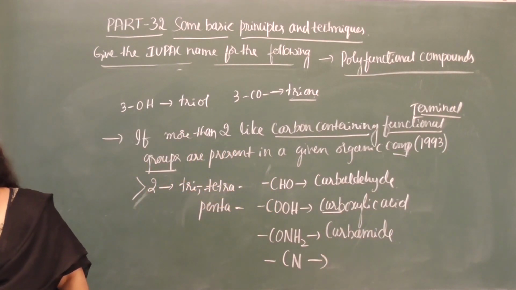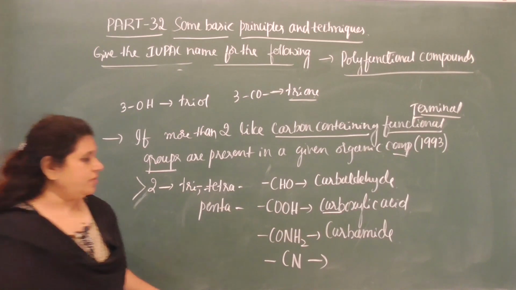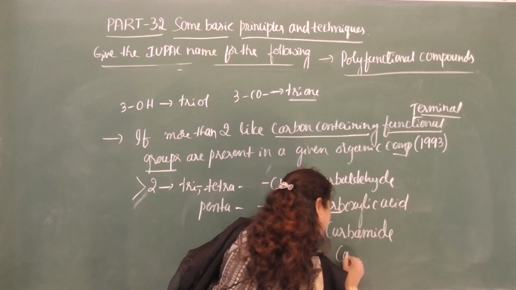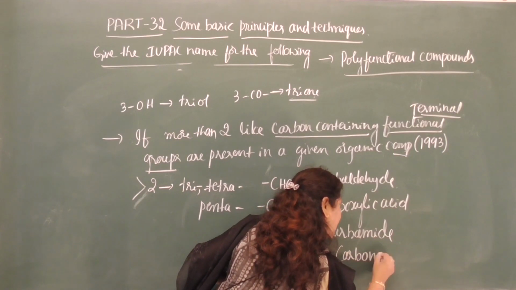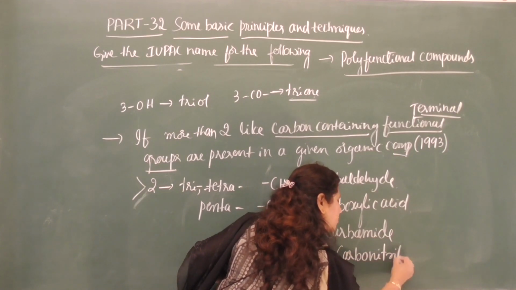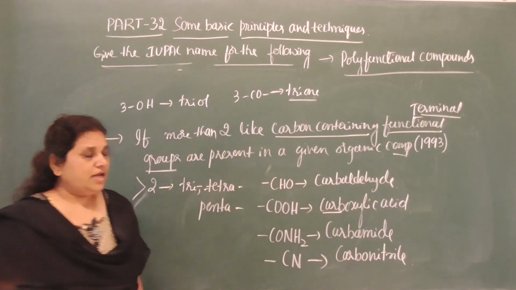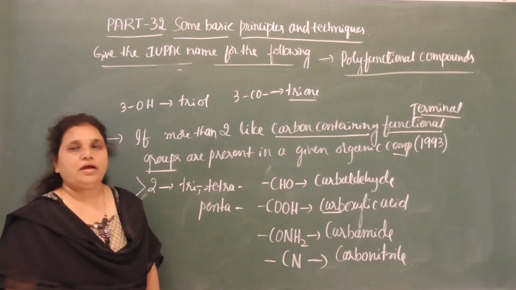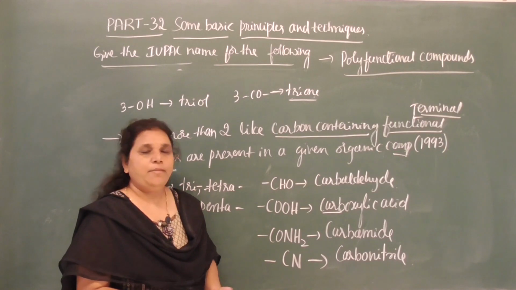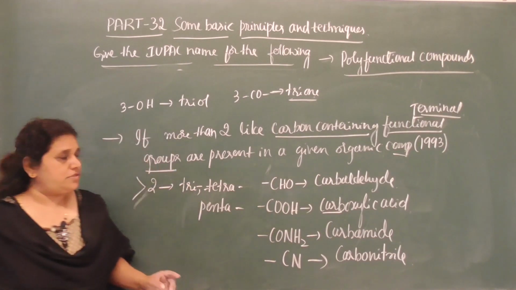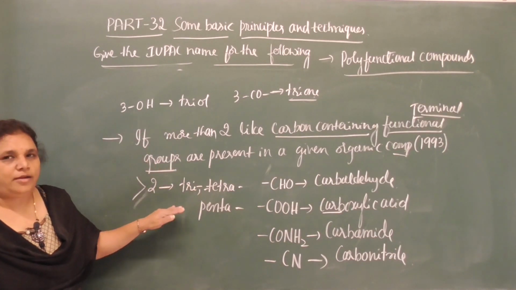This is nothing but a nitrile group, and we have to use carbonitrile. So 3 CN groups gives tricarbonitrile, then tetracarbonitrile, pentacarbonitrile. So remember this rule.